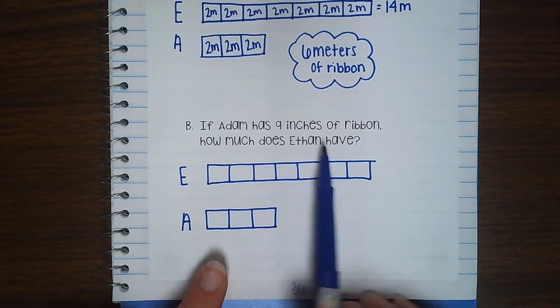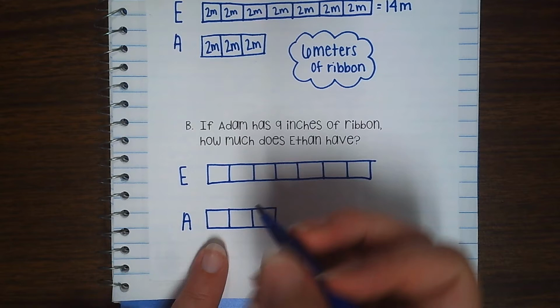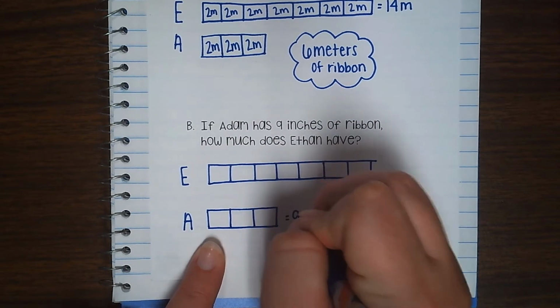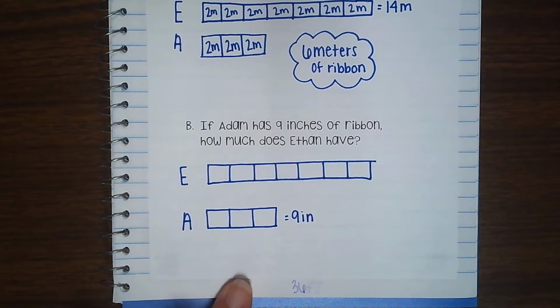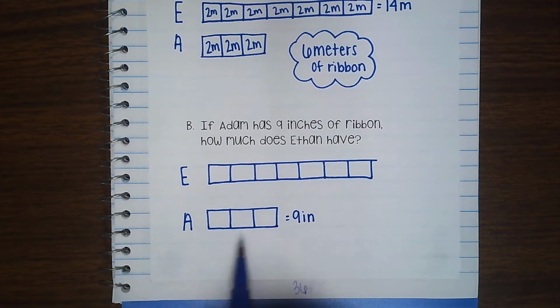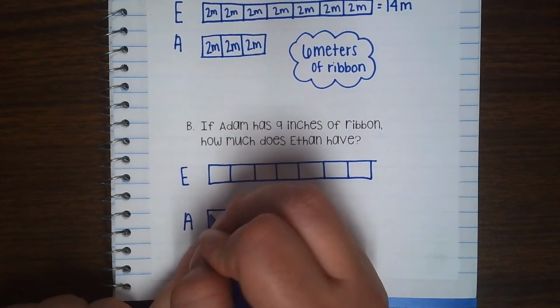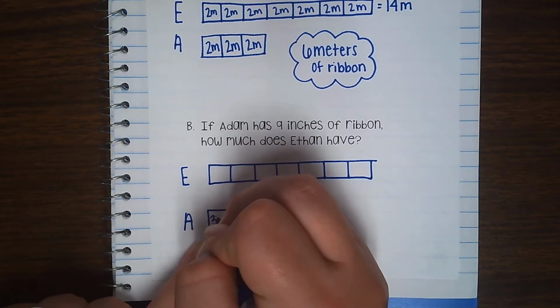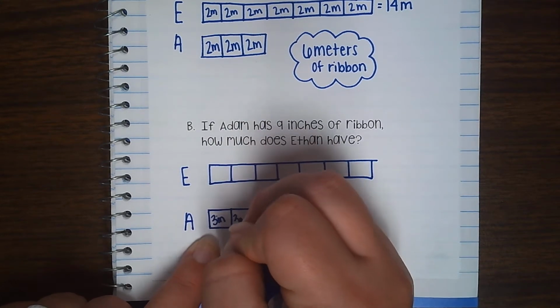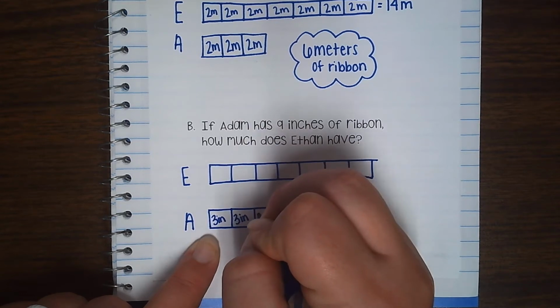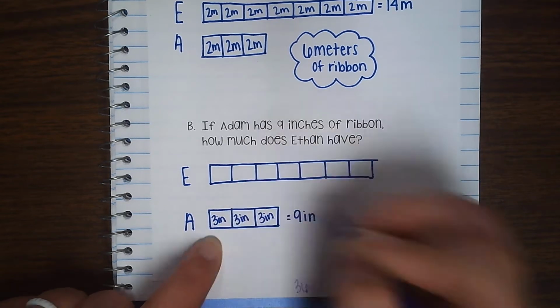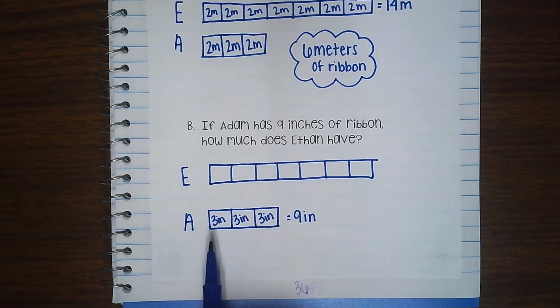Says if Adam has 9 inches of ribbon, so if this equals 9 inches, how much does each box represent? 9 divided by 3 means each box is worth 3 inches. 3, 6, 9.